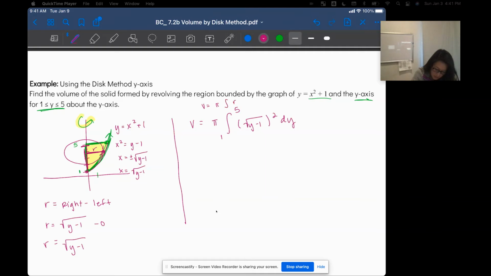So I end up with the volume is equal to pi times the integral from 1 to 5 of y minus 1 dy. I do need to evaluate this, but I'm going to use a calculator, and I get the volume is equal to 8 pi.